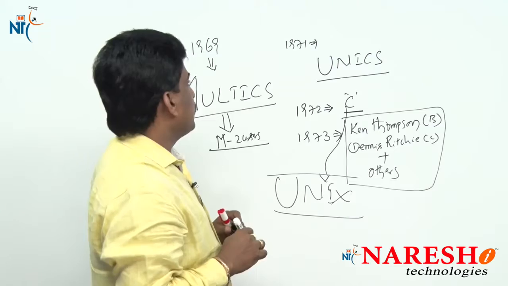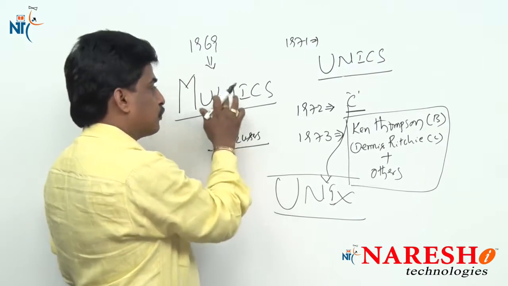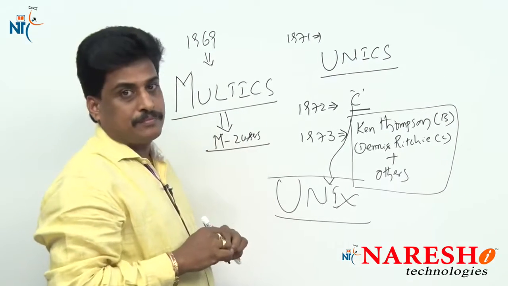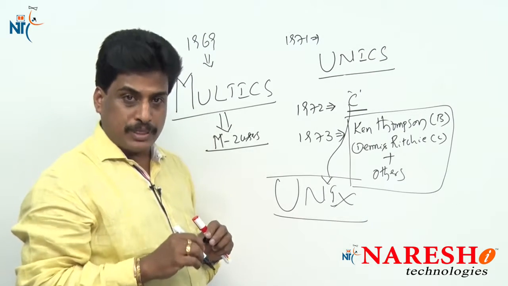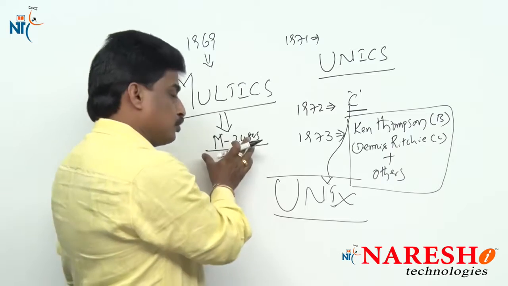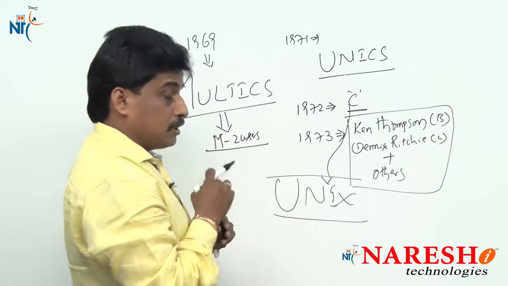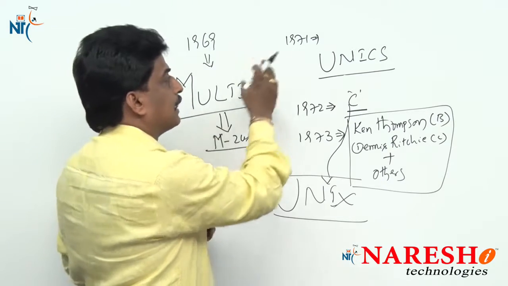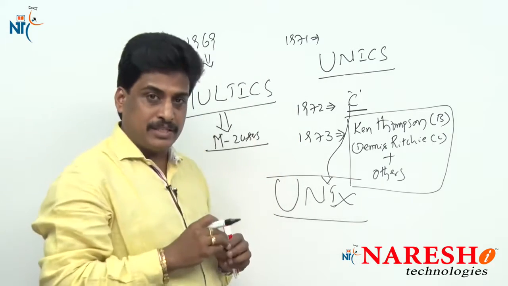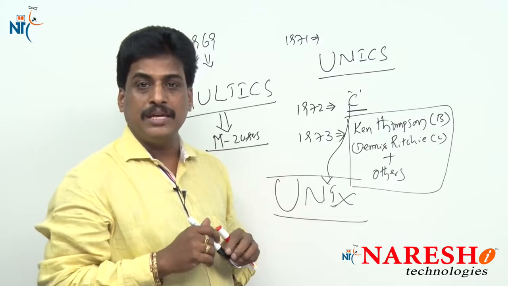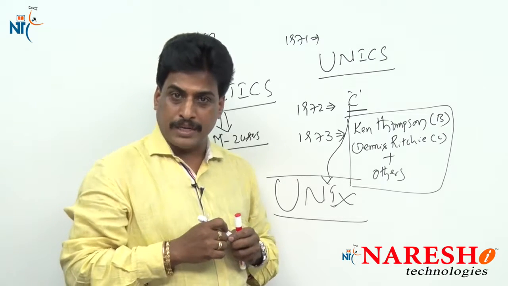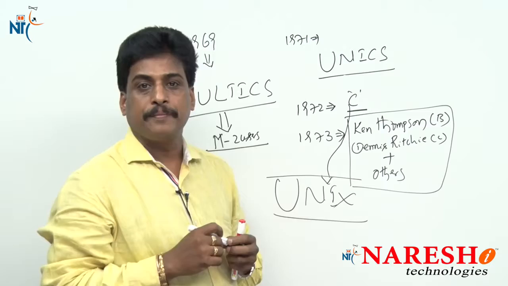Started in 1969 with the project of Multics, Multi Information Computing Services, with two users maximum. To recover these drawbacks, in 1971 AT&T took another project, UNICS, Uniplexed Information Computing Systems.